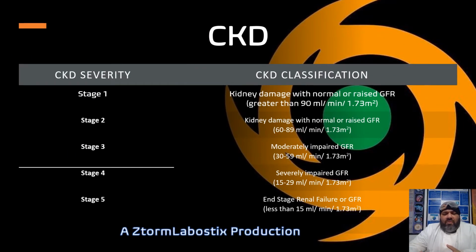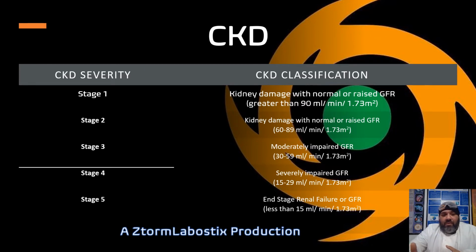So in relation to chronic kidney disease, I thought I'd take this opportunity to highlight the different stages of chronic kidney disease. So there's the CKD severity, CKD stages 1 through 5, and then the classification in relation to the chronic kidney disease as well.